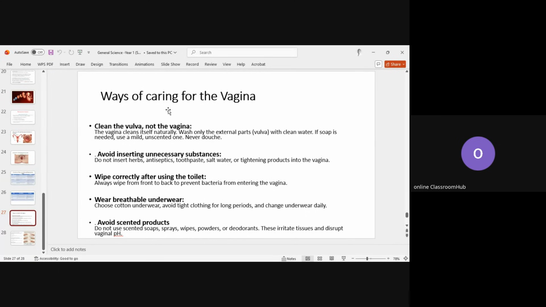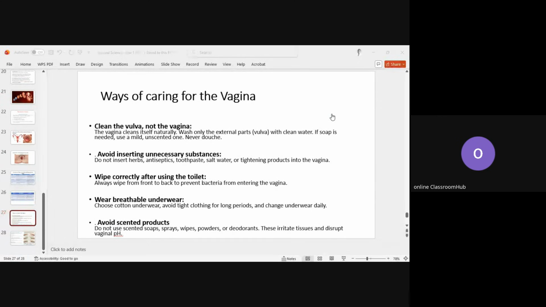So number one, you clean the vulva, not the vagina. Do you know that the vagina is cleaner than our mouth? No, sir. A healthy vagina is cleaner than our mouth, because our mouth cannot cleanse itself.